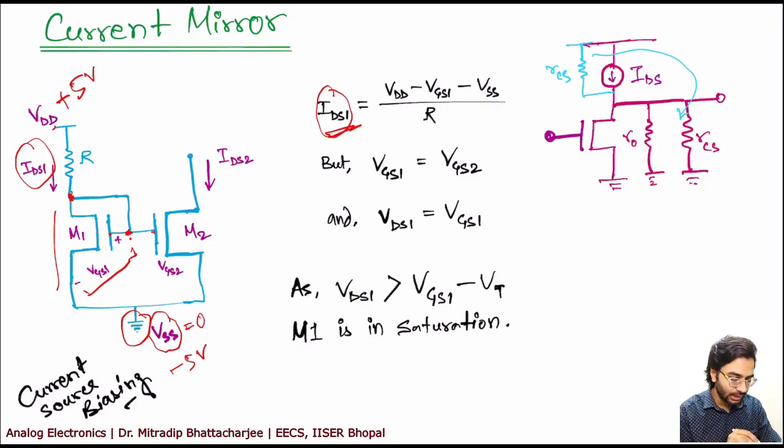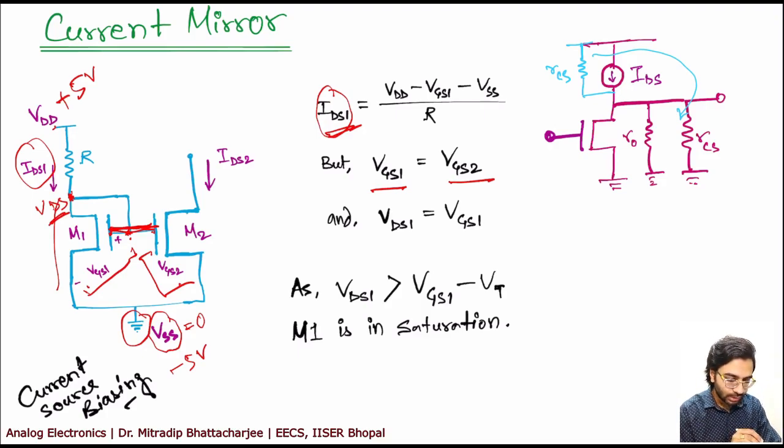Now from this circuit, it is very clear that VGS1 is VGS2. Both are the same MOSFET, and this gate is shorted. So if the gate is shorted, then VGS1 is equal to VGS2, and VDS1, that is this drain source, right?